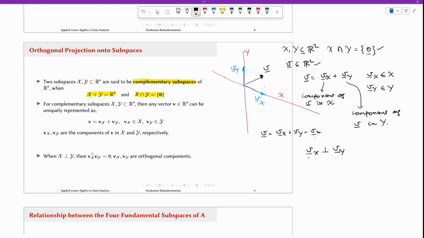Since Vx is from X and Vy is from Y, they have to be orthogonal. And when you have orthogonal complements, the components are called orthogonal components of the vector. Vx and Vy are the orthogonal components.